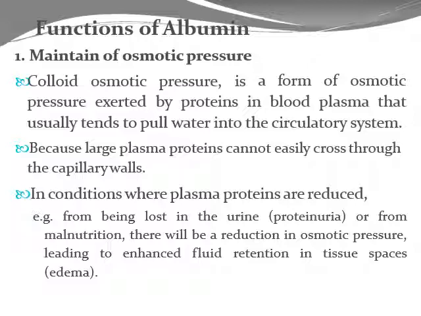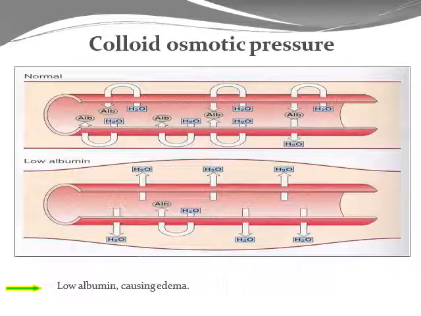This will lead to accumulation of fluid in the tissue spaces because we don't have sufficient protein to pull it into the circulation, and may cause a condition called edema. See here, in normal conditions, water will be pulled into the circulation by the albumin, so it is not allowing water to remain in the tissue spaces. But when we have a low amount of albumin, water can accumulate in these spaces, and you can see it can cause swelling, causing edema.